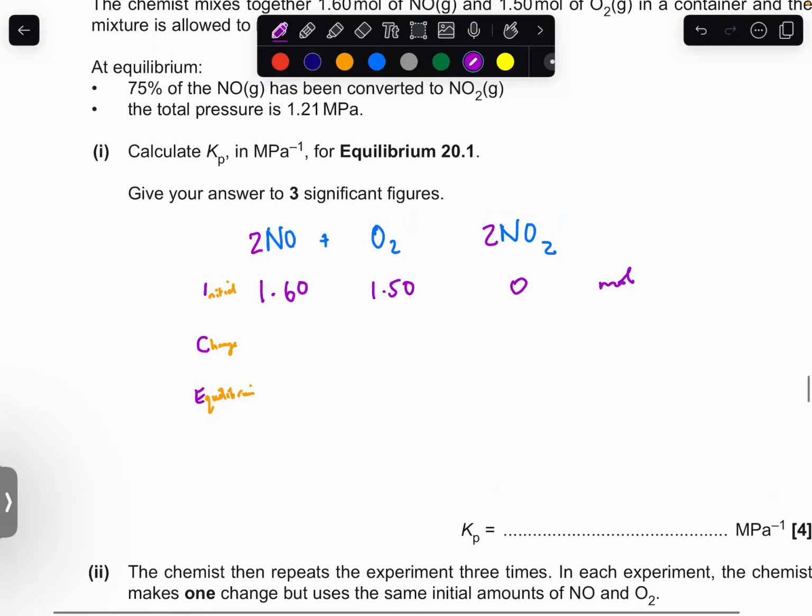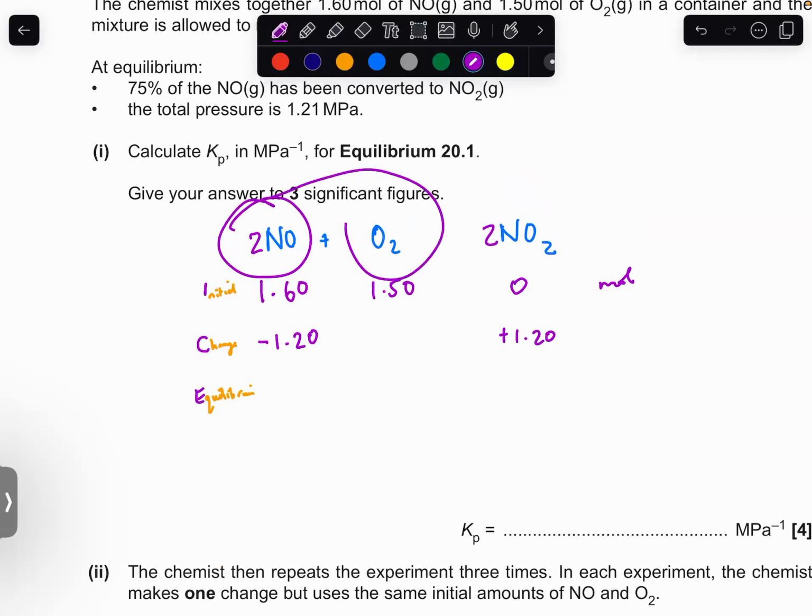75% has been converted. That means 1.20 is being used up. That means 1.20 is being formed. Because nitrogen oxide and oxygen are in a 2-to-1 ratio, that means half of that amount is the oxygen reacting.